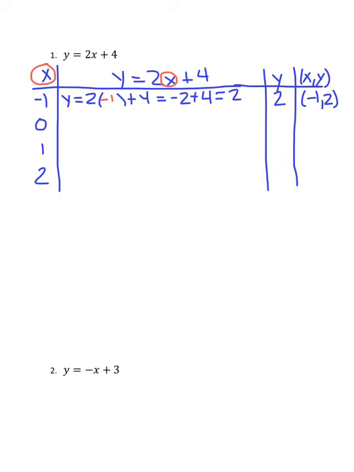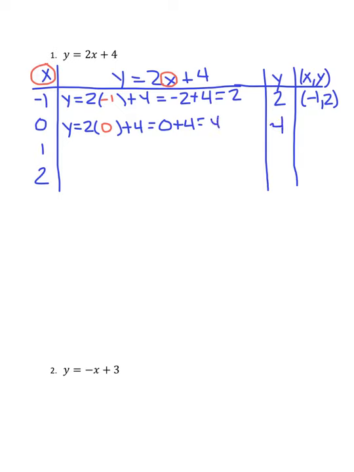So now the second number we're going to check is 0. So I'm going to say y equals 2 times parentheses 0, where it's 2 times 0, plus 4. Order of operations says we do multiply first. So 2 times 0 is 0, plus 4. 0 plus 4 is 4.